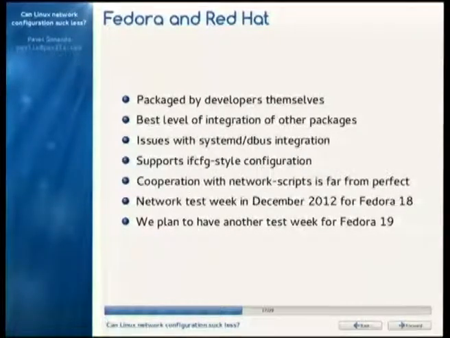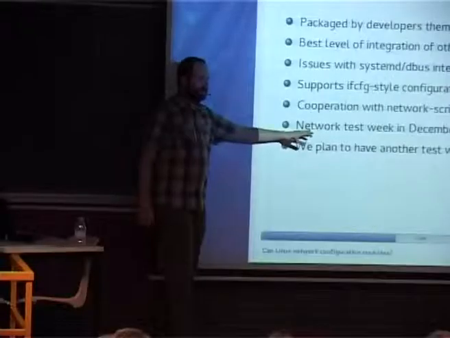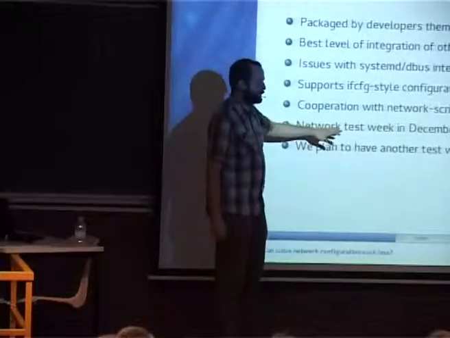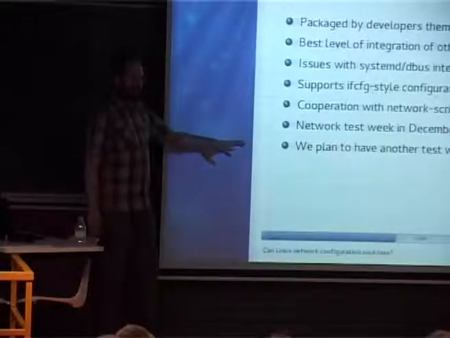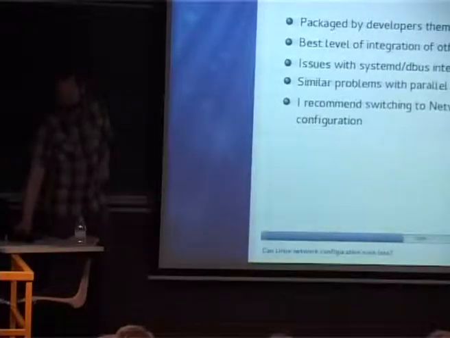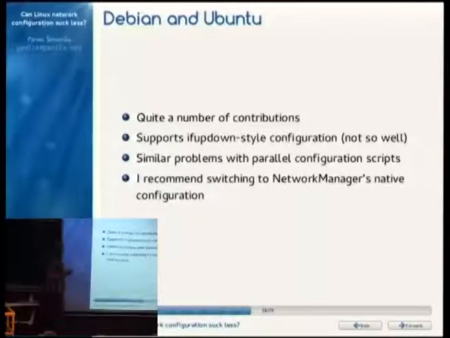And we are really trying to have things working for the users, so with help of other people, I don't know if Martin Holec is somewhere here, we have networking test weeks in Fedora, and for Fedora 18, this was the first one. It was 3 days dedicated to testing networking stuff, not only Network Manager. We plan to have another for Fedora 19, and that's probably all related to Fedora.